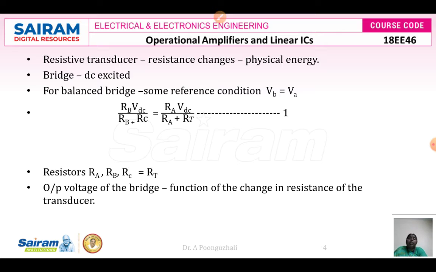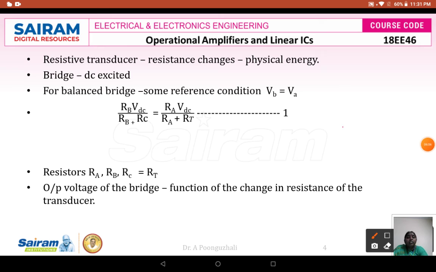So I can write my VB voltage. Here I am going to have my resistance RC, and this resistance is going to be your RB, and here the voltage is going to be your VDC.